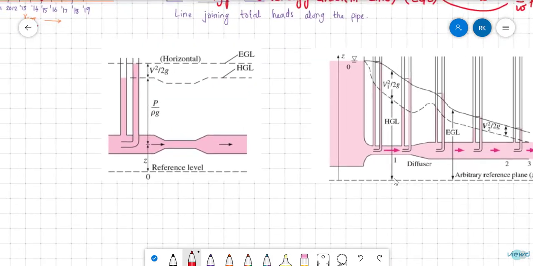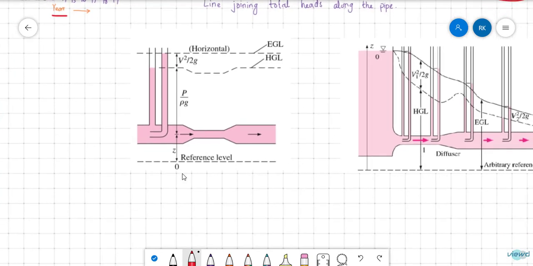So let us see for ideal flow. For ideal flow there is no friction. For that, let us see how the hydraulic gradient line and energy gradient line are represented. First let us see the hydraulic gradient line. The hydraulic gradient line is the joining of all the pressure heads.